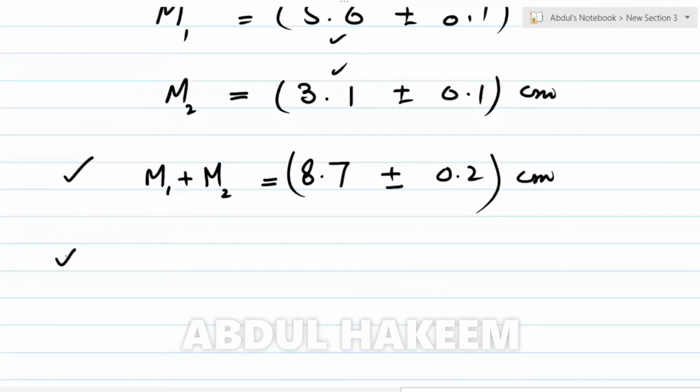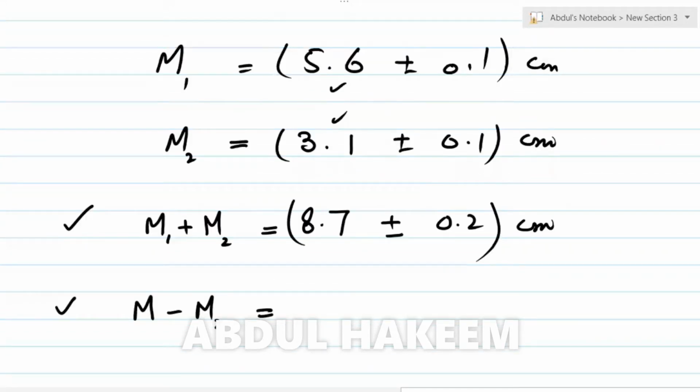Next, if it is M1 minus M2, then the readings are subtracted. So 6 minus 1, 5, 5 minus 3, 2, but the errors are added, not subtracted.